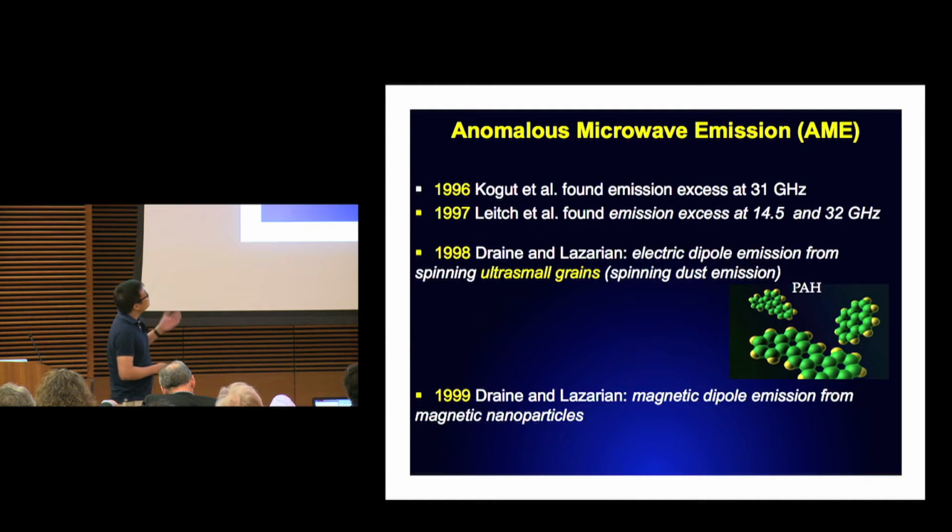At that time, the simple assumption was that the nanoparticles are polycyclic aromatic hydrocarbons, because there were mid-infrared observations showing a signature consistent with PAH emission. They also proposed another emission mechanism, namely magnetic dipole emission from fluctuation of magnetization within magnetic nanoparticles.